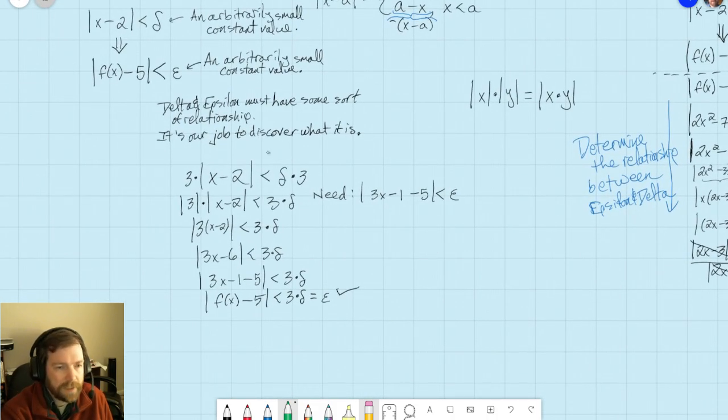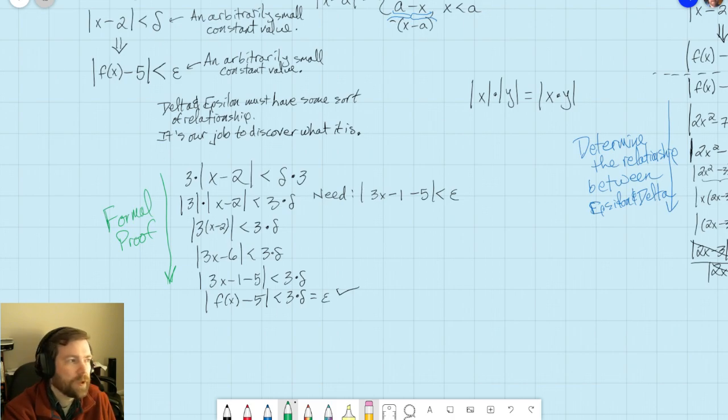Earlier, when we did this, all we did was the formal proof. Why? Because it was a super easy equation that we were working with. This function, right, we could just say, okay, well, look, x minus 2 is in the thing. One of the easiest things to do is to plug it into both sides here.